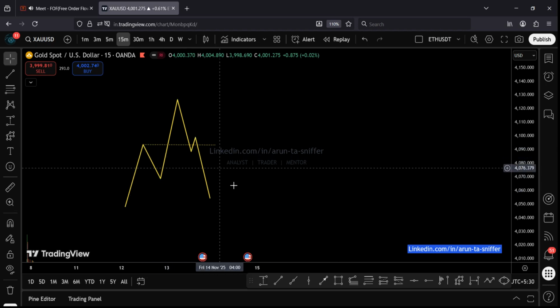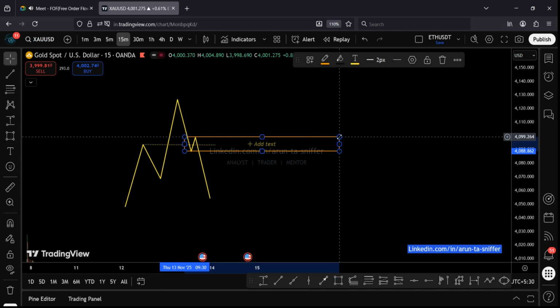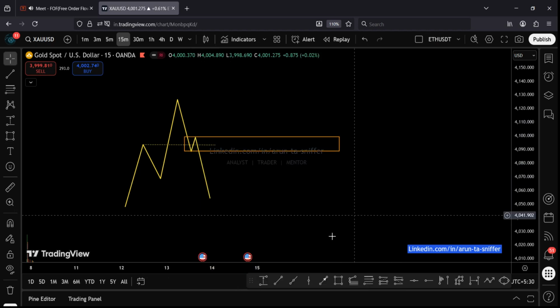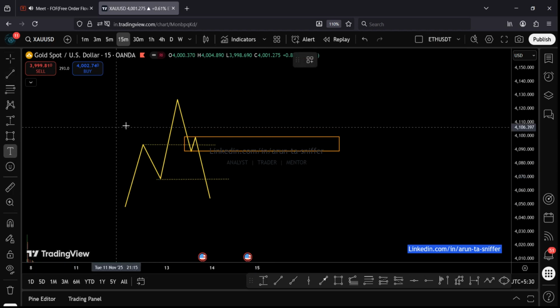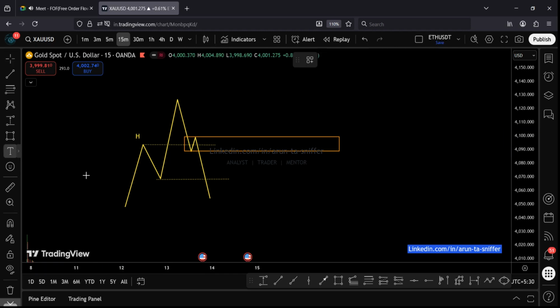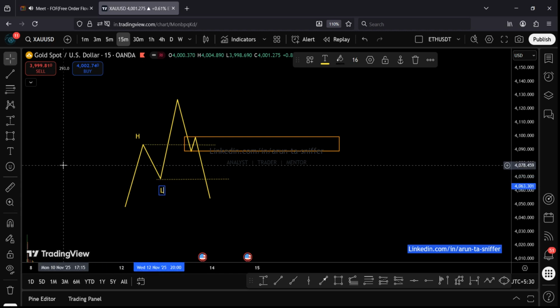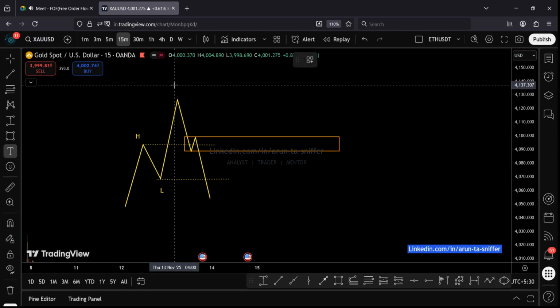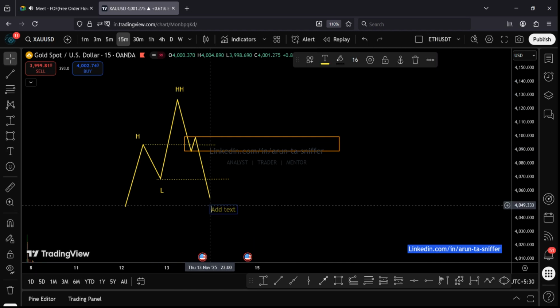This is our QM level. Let's mark levels. This is high, this is low, this is higher high, and this is lower low.